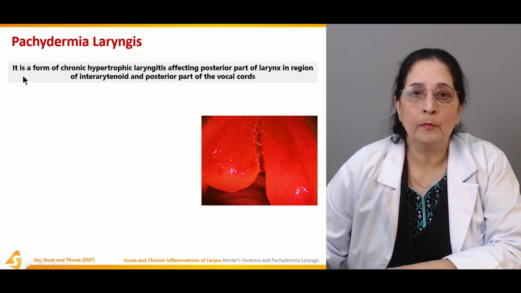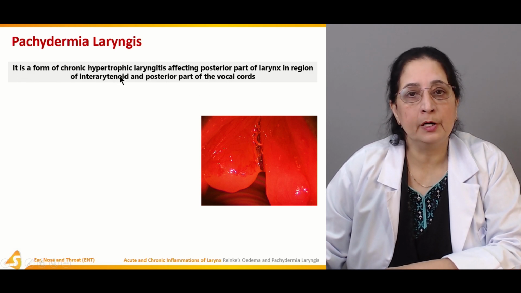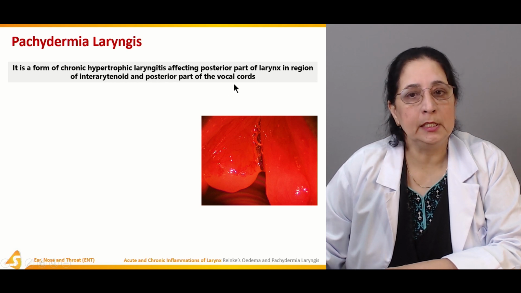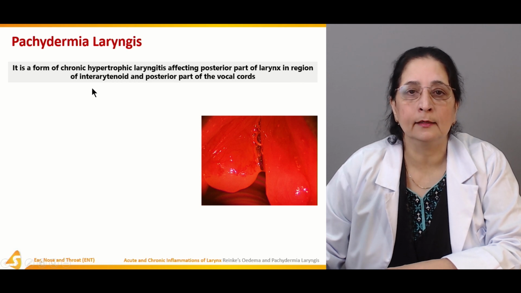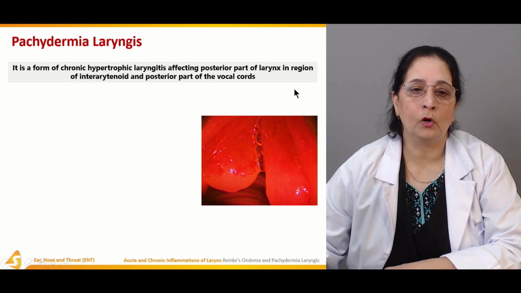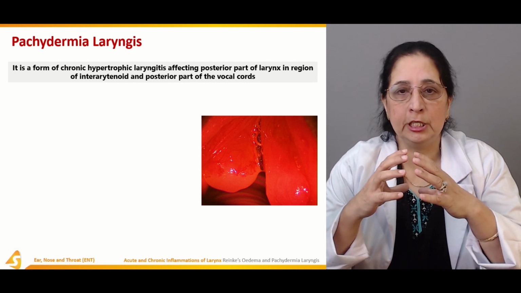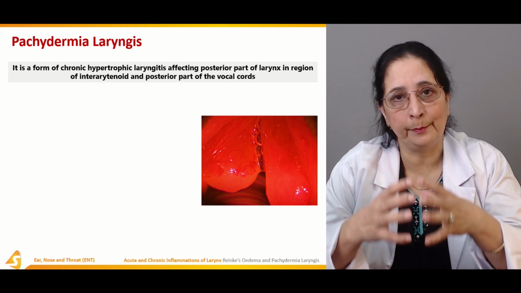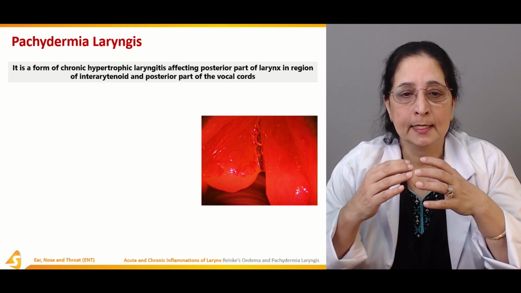Then the other condition is Pachydermia laryngis. It is a form of chronic hypertrophic laryngitis affecting the posterior part of the larynx in the region of the interarytenoid and posterior part of the vocal cords. So pachydermia: pachy is the portion, or patches, dermia is the skin.